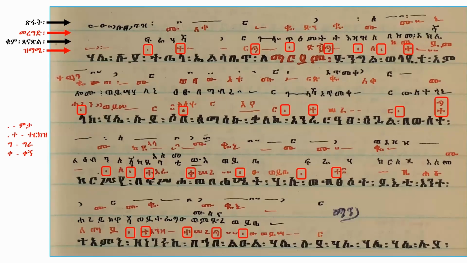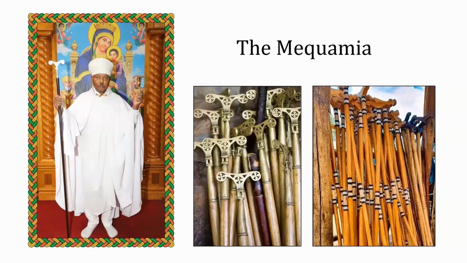The instrument in question is a makwamia. So it's a staff, a fancy staff, and that's the 19-year-old, now 78. This work is going to be published in September, all 400 pages with annotation. And the way you would perform it, what the red is now signaling is motion. So how you would move the staff, from left to right, and proceeds forward to back and down and so on.